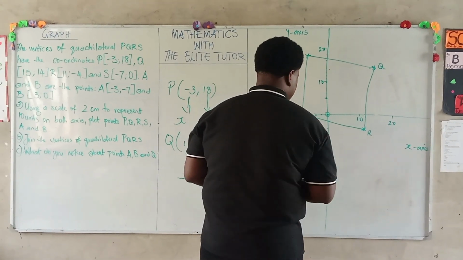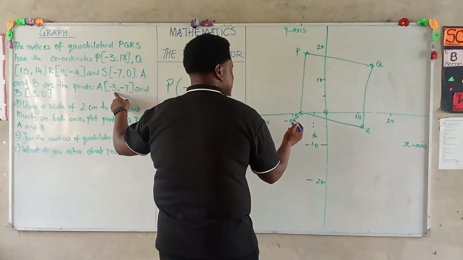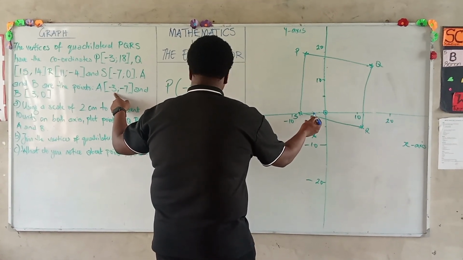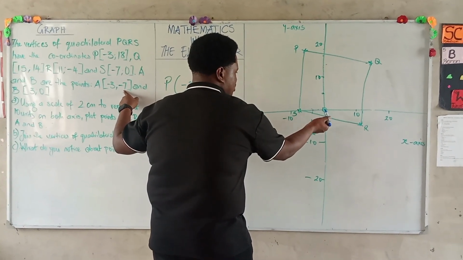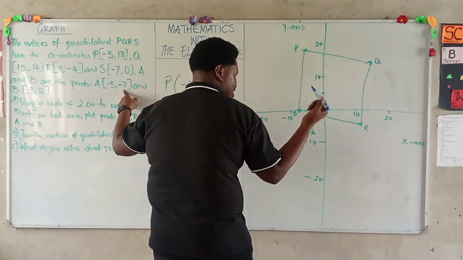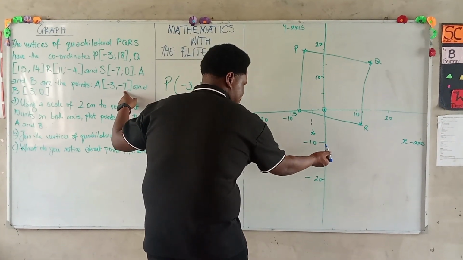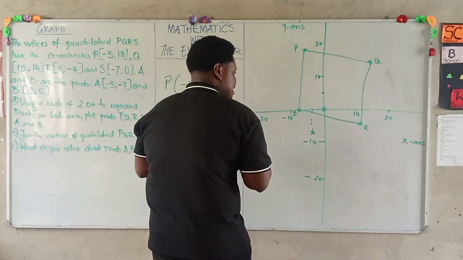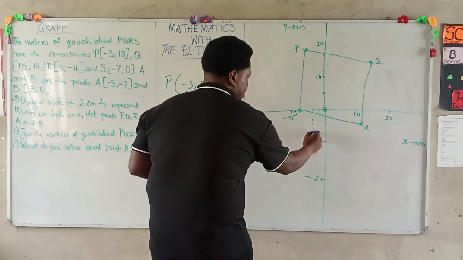So we pick our point. -7 will fall between 0 and 10. But if you're using a graph sheet, -7 will fall between 5 and 7, because your graph sheet is demarcated from 0 to 5. So we have it to be here.